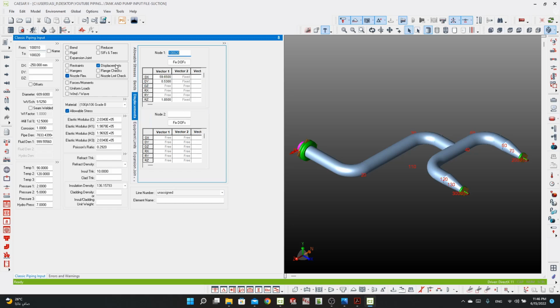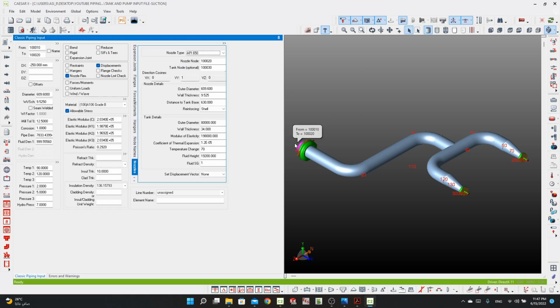Okay, let the Caesar redo the calculation for you. By the way, we need to put this negative. Let's do the same calculation by changing the temperature here from 70 to 120 and redo the calculation.